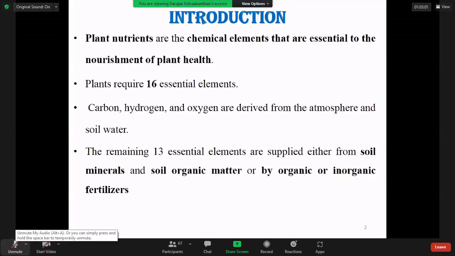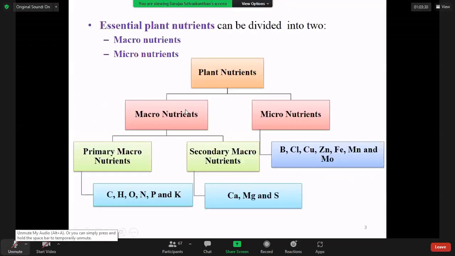Others, try to listen. This is from your friend's voice. Plant nutrients are chemicals which are essential to plant health. There are 16 essential elements. We can classify plant nutrients as macronutrients and micronutrients.